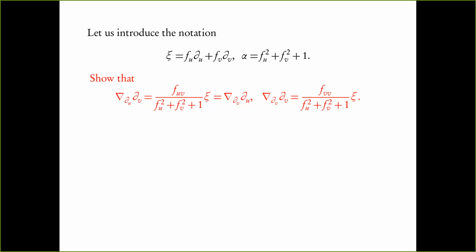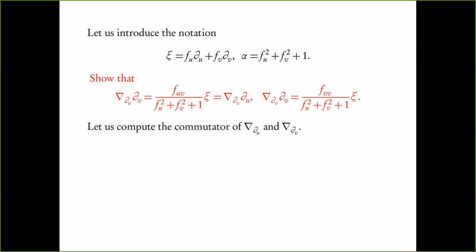I wrote this sentence. It's very natural to ask the following question: you have these operators, nabla subscript x. What kind of an operator is it? It takes a vector field as an input and outputs another vector field.